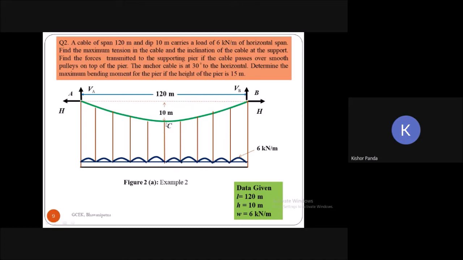Here you consider the left side forces. What are the left side forces? This is the vertical reaction at A, this is the horizontal thrust at A, and this is the uniform distributed load. So take the moment of these three forces about the point C and equate the moment to 0.